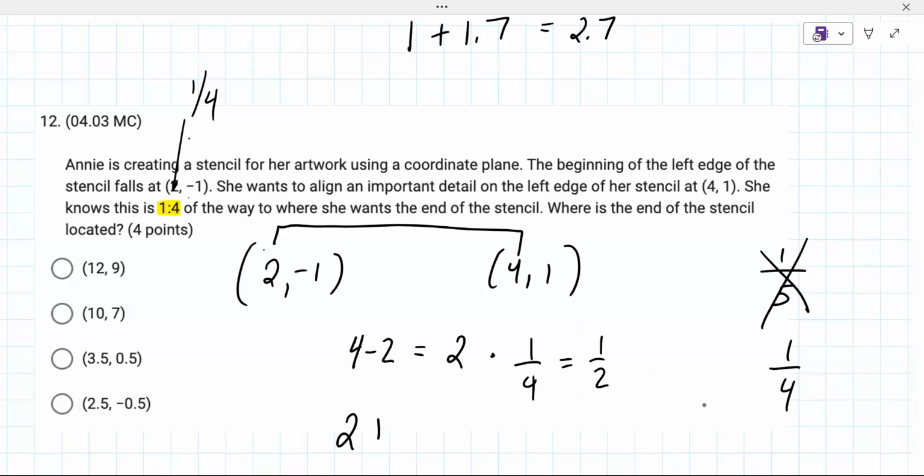And you take that 1/2 and add it to 2. So 2.5. And we would do the same thing to go from 1 to -1, which is also 0.5. Now that means we might want to go back and look at some of the ones we were doing earlier. And that might have been why there was this small disparity between them.